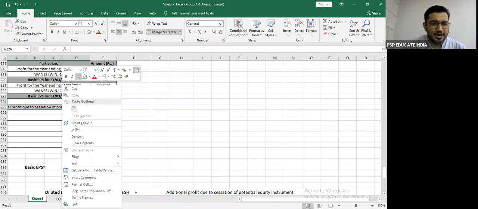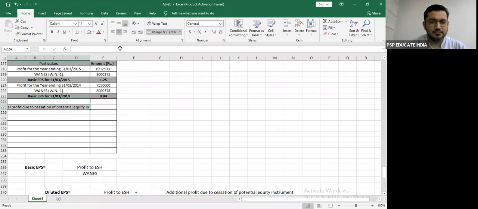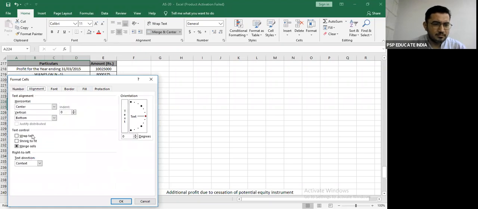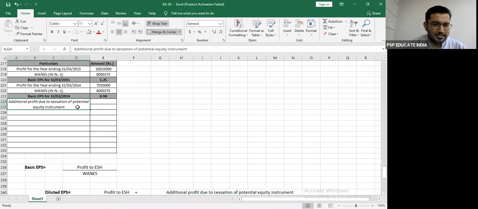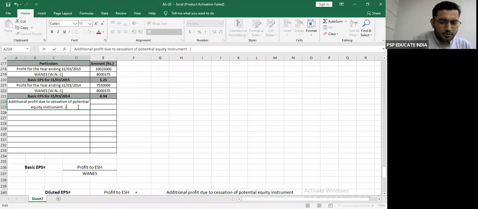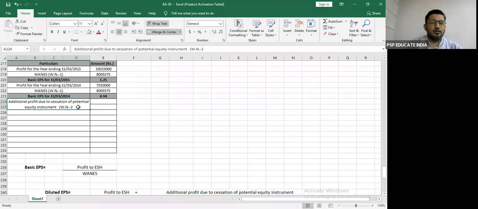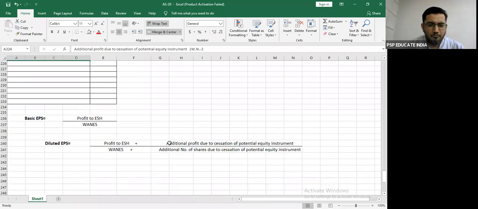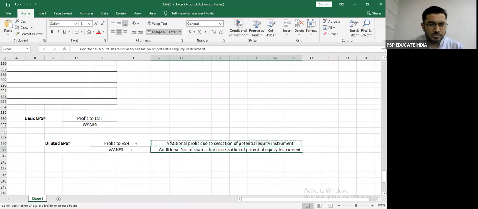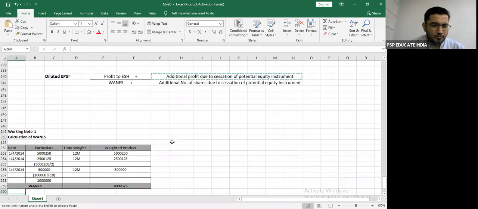Let's calculate that. You will get that from working note 2. Additional profit due to cessation of potential equity instrument you will get from working note 2. So let's prepare working note 2.